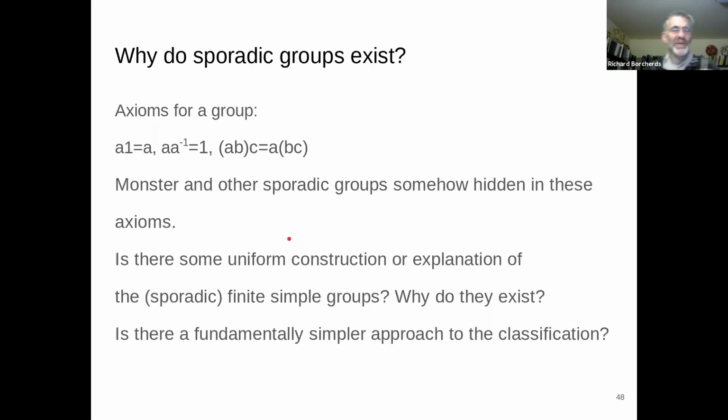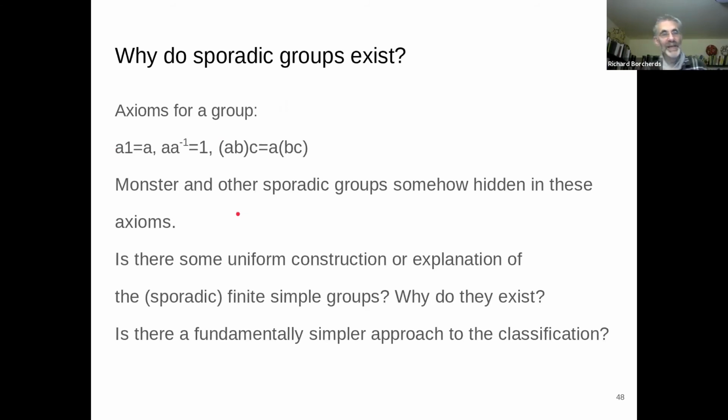I'll just finish with a sort of philosophical question. Why do sporadic groups exist at all? I find this absolutely bizarre because if you look at the axioms for a group, they're completely trivial. You can write them out here and they're just half a line long and they're very natural and simple. And somehow the monster group and all the complexity of the classification of finite simple groups is hidden inside these almost trivial axioms.